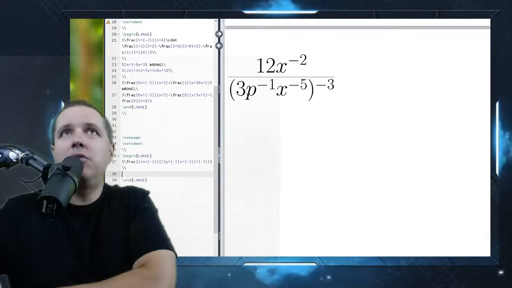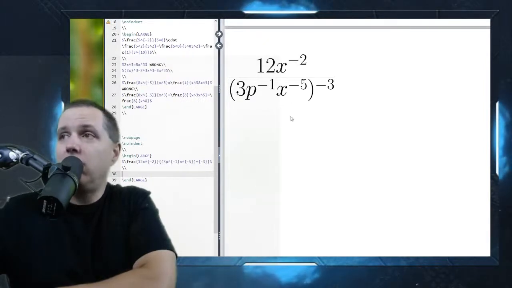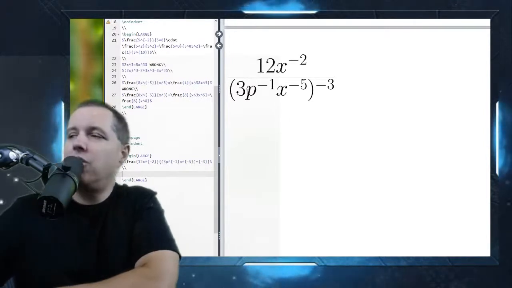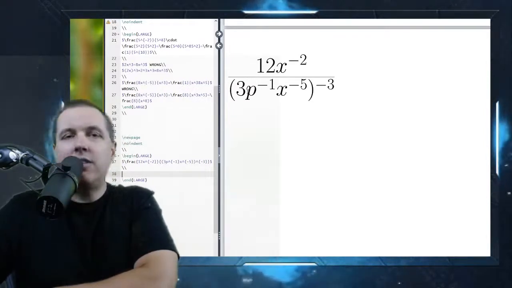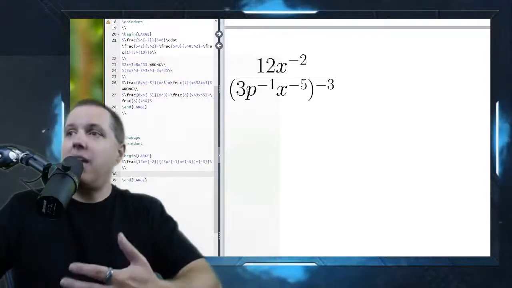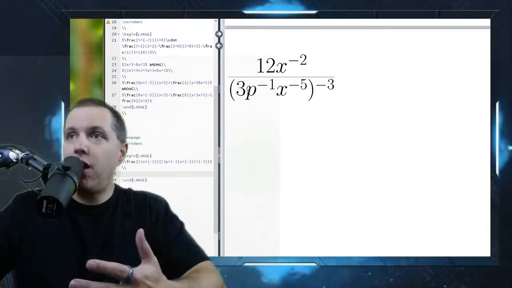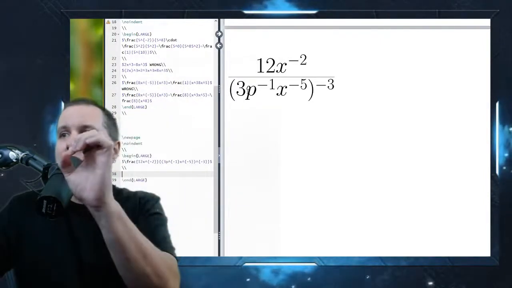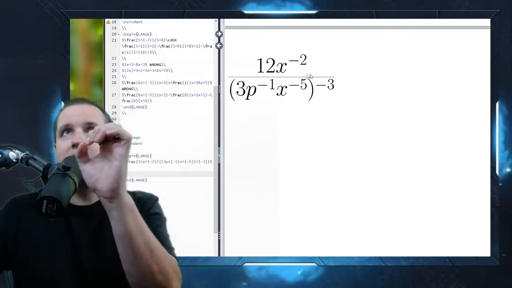Now, a lot of times people will say distribute. They'll say, I'm distributing the negative 3 in here. Technically, you're not. And I know it sounds like semantics and I'm being super strict, but it's confusing because we actually have an operation called the distributive property that involves an addition and a multiplication, right? Notice there's no addition down here.